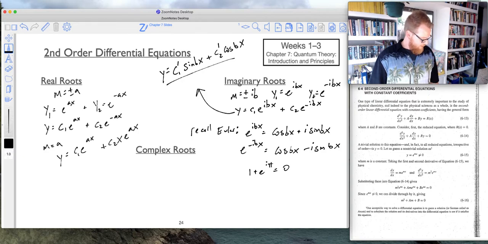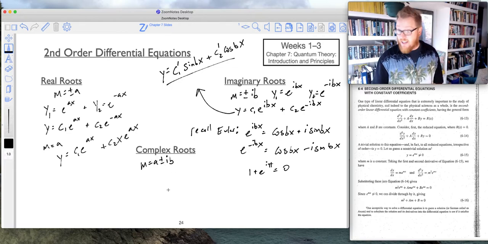And finally, if we have complex roots, in other words, m equals a plus or minus ib, we now recognize that's a complex number, a plus or minus ib.